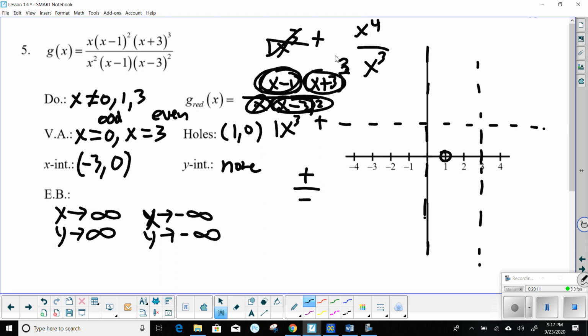So we're going to come up here. If you think over here in the right quadrant, what's happening? It never crosses the x-axis. So it could do one of two things. It could come up this way, or it could come down this way. The problem is it can't be this one. Let me outline it.